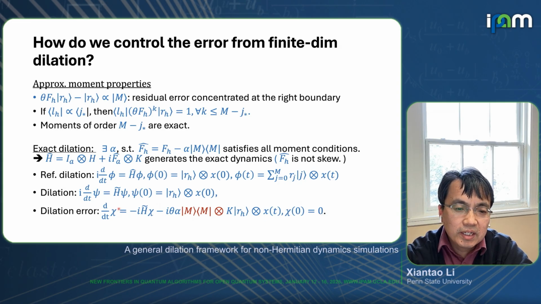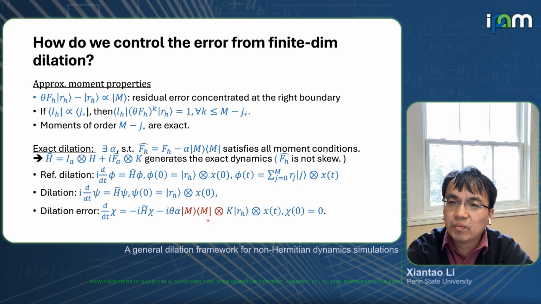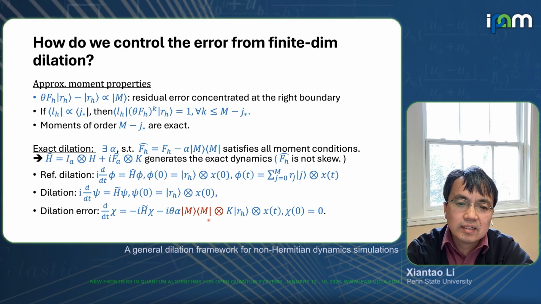And so the way to think about the error term here is that the source is coming from the boundary. You can almost think of it as a dynamic Green's function where the source is sitting at the boundary. And that error is going to propagate into the interior.